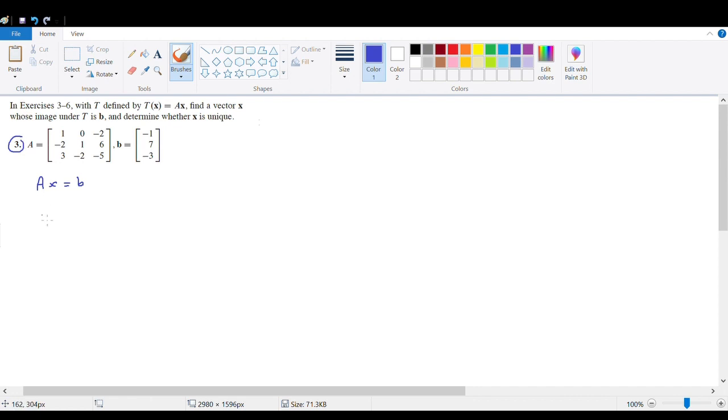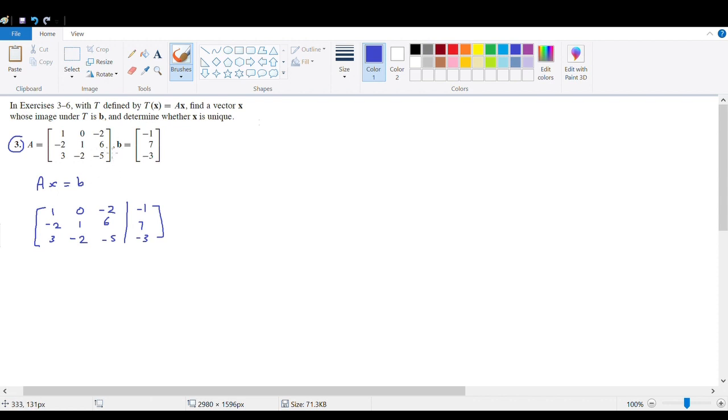So we need to solve this matrix. Here we have 1, minus 2, 3, 0, 1, minus 2, minus 2, 6, minus 5, and our b is minus 1, 7, minus 3.